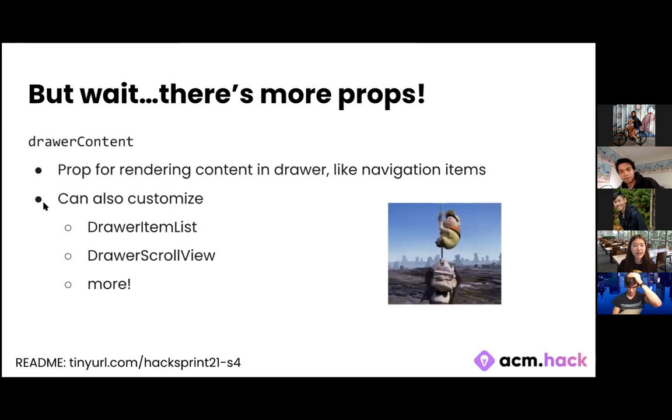Additionally, you can also customize drawer content, such as using DrawerItemList, DrawerScrollView, and a lot more, but those are the main ones that I'll focus on today. I'll talk about these a little bit more in the next slide and how we can use them to customize our content within the drawer.